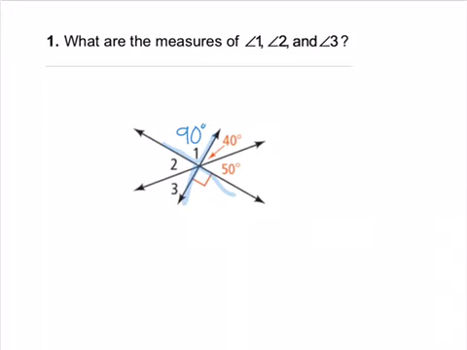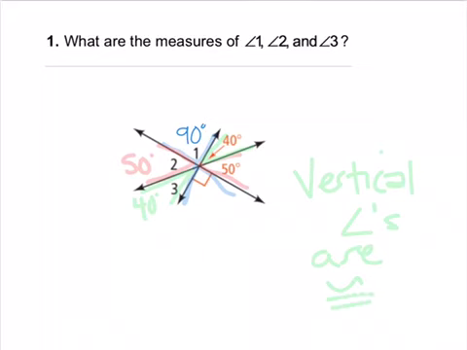Angle 2 is vertical with this angle, so angle 2 needs to be 50 degrees. And finally, angle 3 is vertical with this angle, so angle 3 would be 40 degrees. All vertical angles. And that's the main takeaway from this lesson, that vertical angles are congruent.